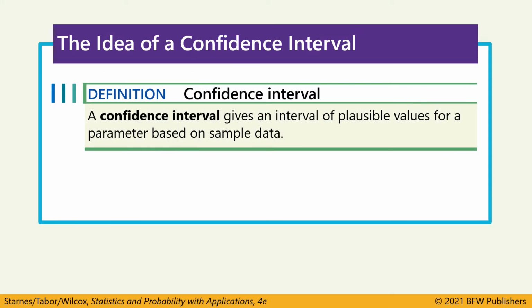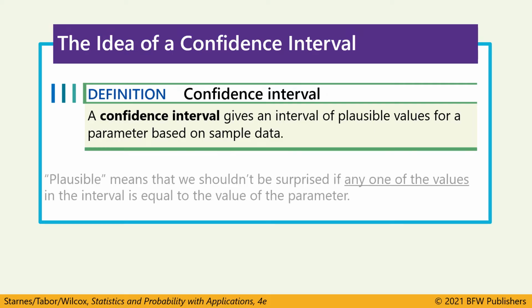When we talk about a confidence interval, we're talking about an interval of plausible values for a population parameter based on a sample. When we say a value is plausible, it means that we think that the actual average of all students is in that range of 13.8 to 33.8, and we don't think it would be outside of that. So in other words, we would be surprised if it was less than 13.8 or more than 33.8.